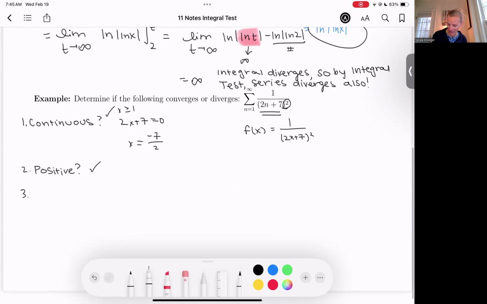Even if I had a negative number in the denominator, it would get squared and then become positive. And is this decreasing? Yes, for the same reason that the last one was decreasing, everything is in the denominator. And the 2n plus 7, or 2x plus 7, squared gets bigger as x gets bigger. So this is good. Okay, so now we just have to compute our improper integral.